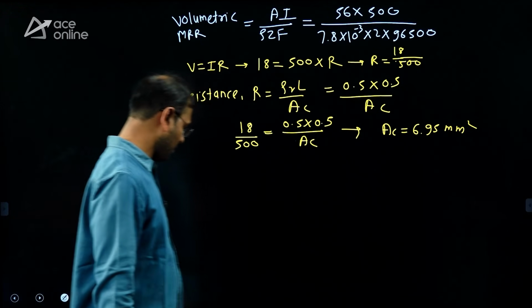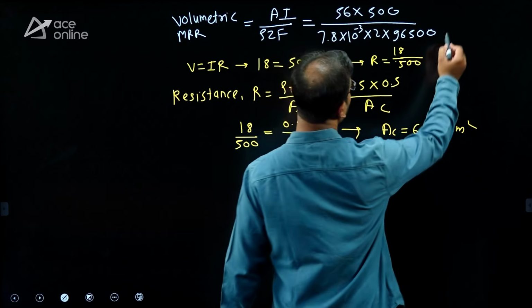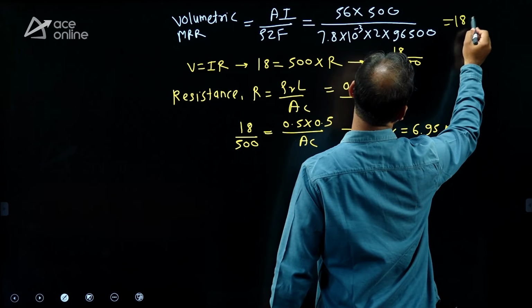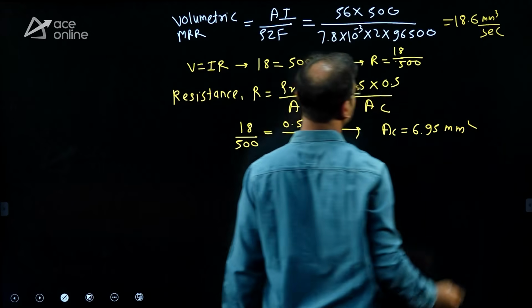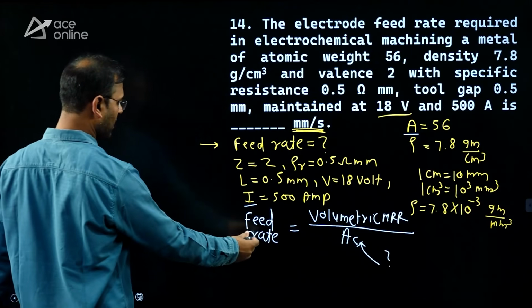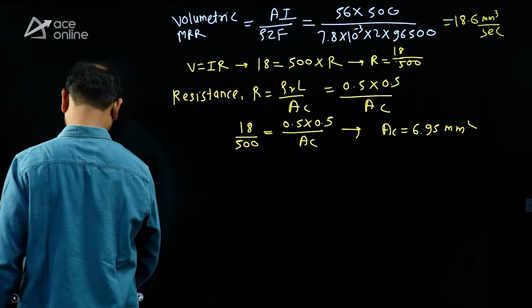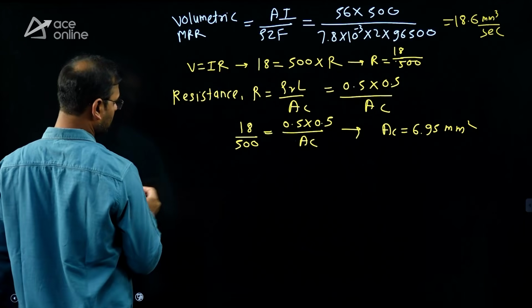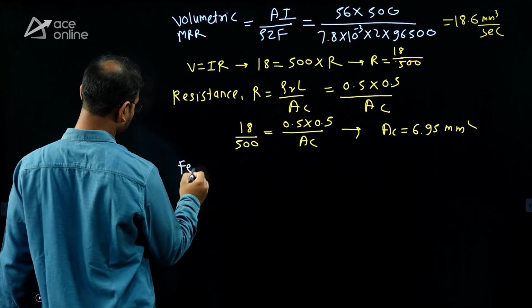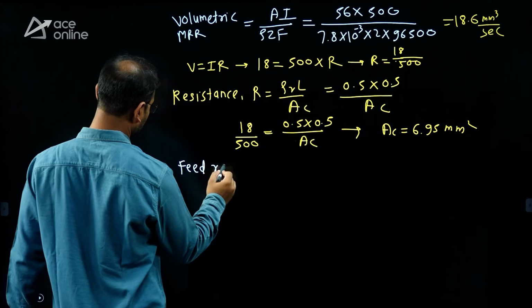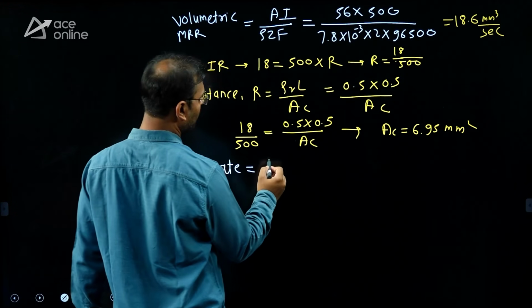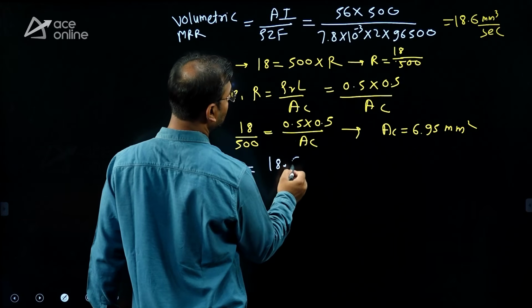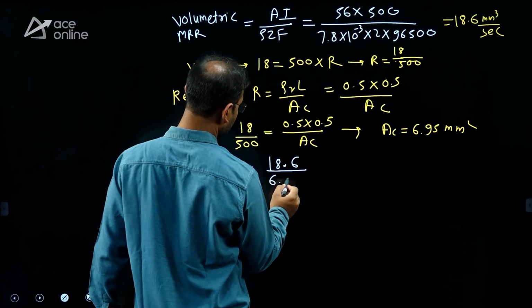Also calculate the value of volumetric MRR. It is 18.6 millimeter cube per second. Now put the value here in the feed rate formula. Feed rate is equal to volumetric MRR, that is 18.6, divided by AC, which is 6.95.